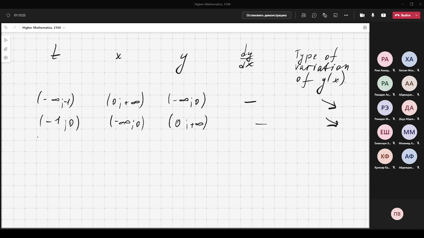Then t from 1 over cube root of 2 to cube root of 2, x from a times cube root of 2 to a times cube root of 4. Here, same way.